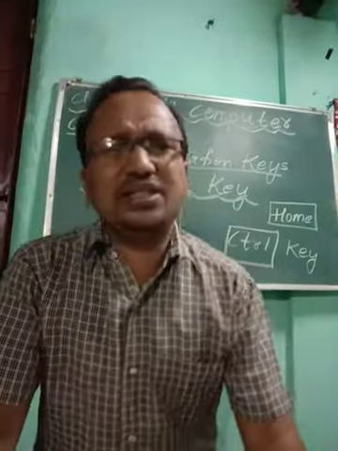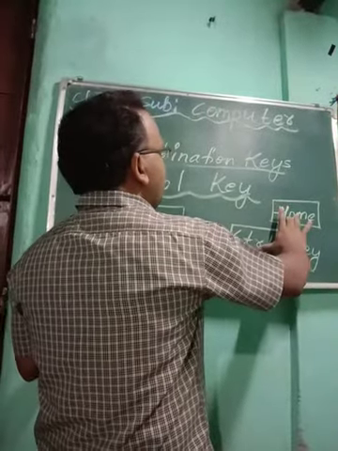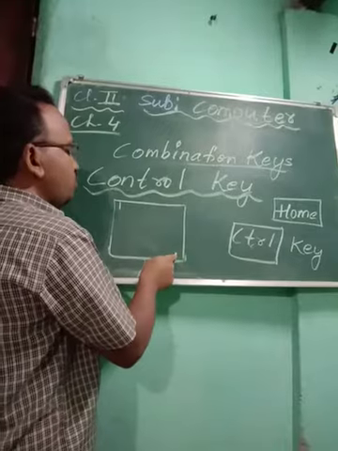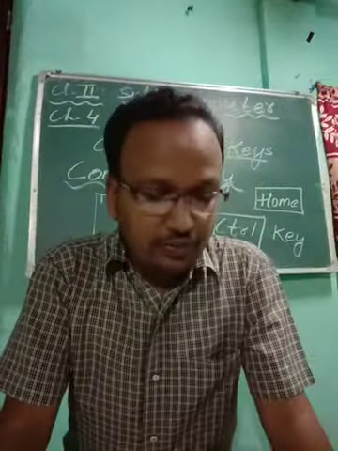Very easily, suppose you have to make a correction, we press CTRL and Home together, so the cursor goes from below to the top. It's quite easy.